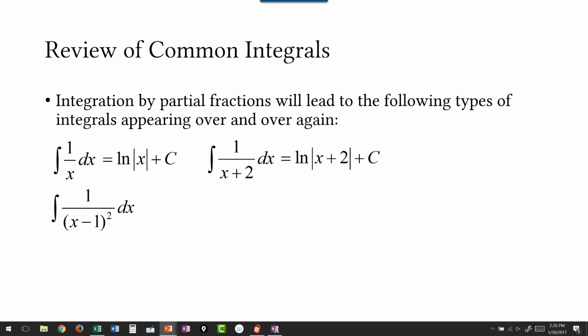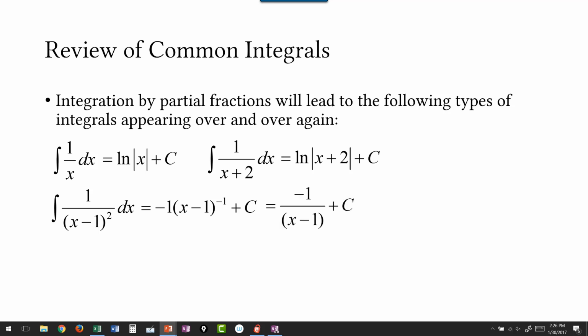An integral like 1 over (x minus 1) squared, we have to be careful here that we don't automatically start writing down a logarithm, because this is actually an example where we would need the power rule. So we could rewrite (x minus 1) squared that's in the denominator as (x minus 1) to the negative 2 in the numerator, apply the power rule, and we would get negative 1 times (x minus 1) to the negative 1 plus a constant.